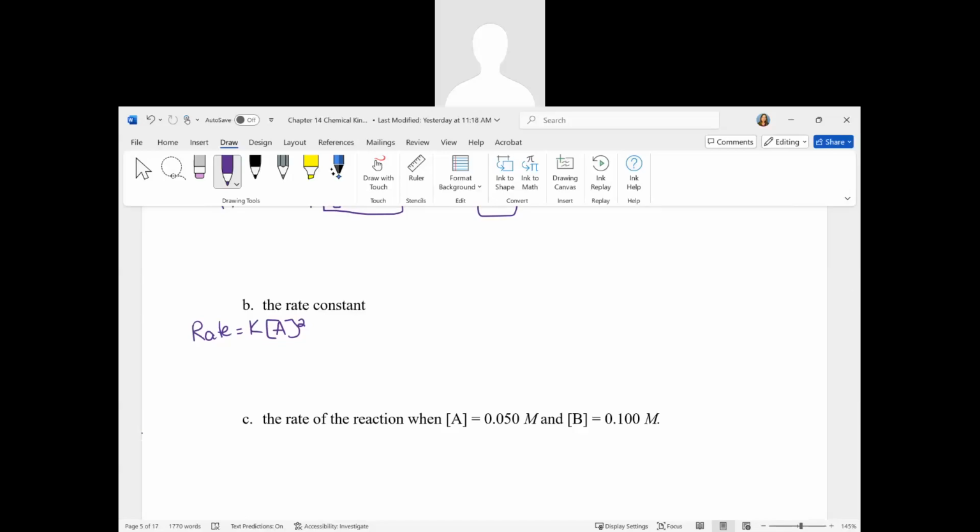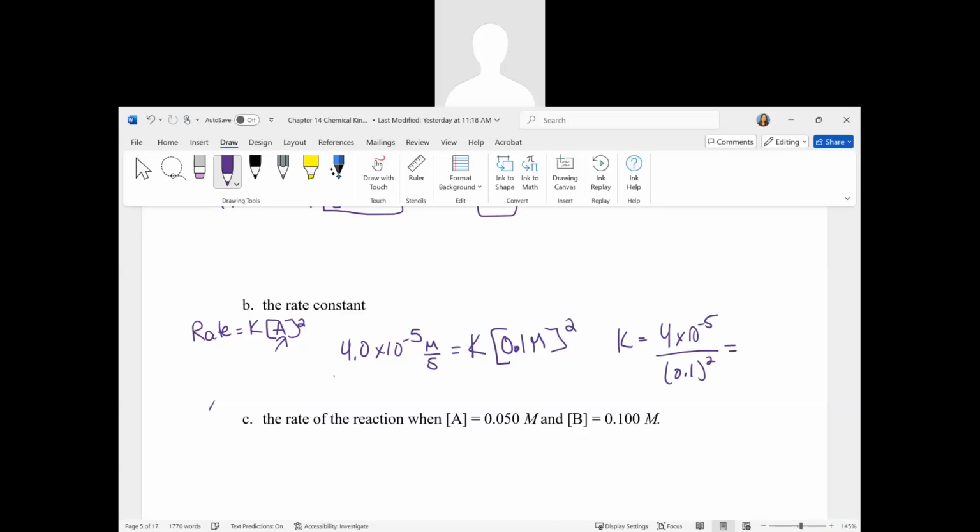So I'm going to set this equal: 4.0 times 10 to the negative fifth molar per second is going to equal my K, and then we have 0.1 molar squared. I'm plugging in my A value here, and I have to square it in this rate law. So I'll rearrange this equation, and we would have 4 times 10 to the negative fifth over 0.1 squared.